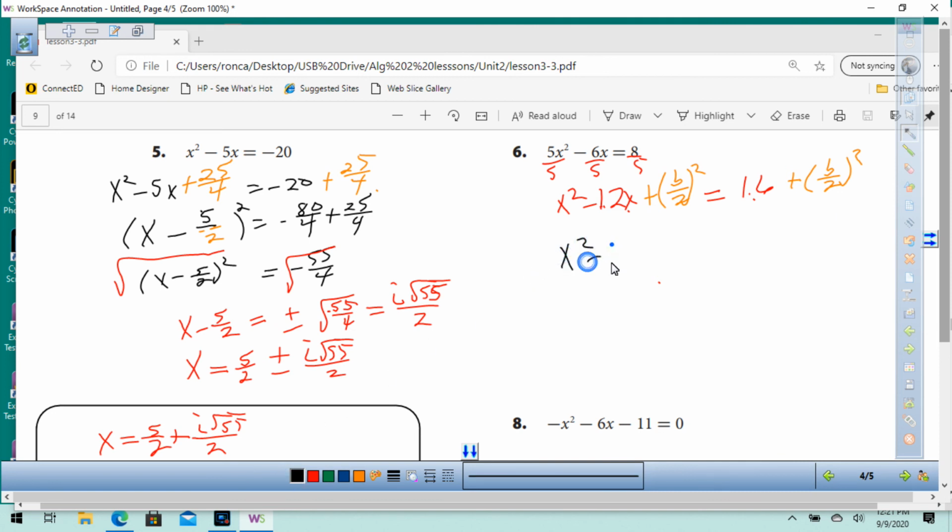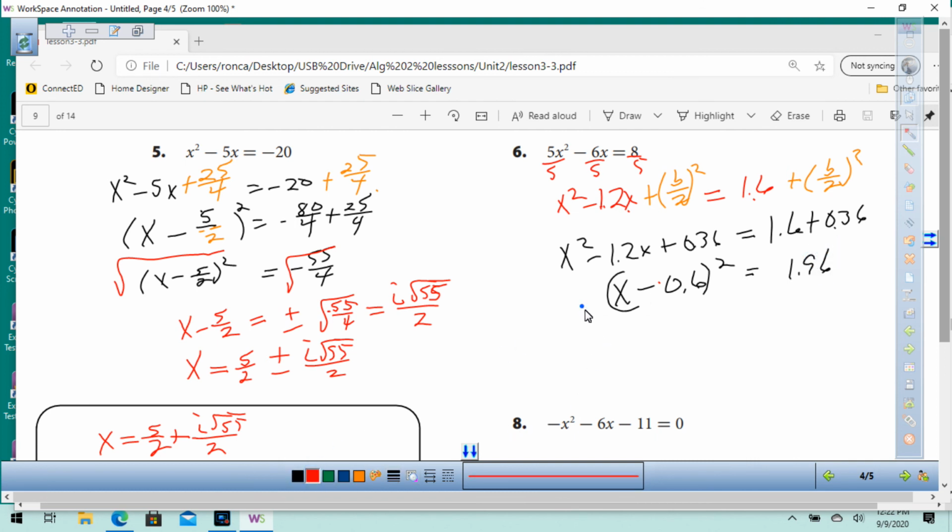x squared minus 1.2x, and then 1.2 divided by 2 squared, that's going to give us plus 0.36. That's going to be 1.6 plus 0.36. So half of 1.2 is 0.6. We've got x minus 0.6, and that's squared equals, and that's going to be 1.96.